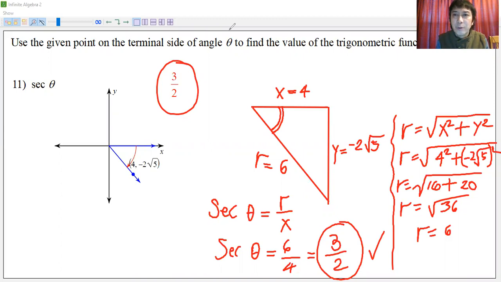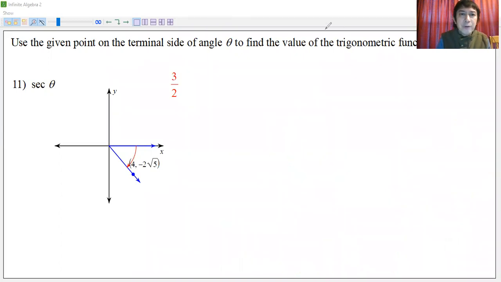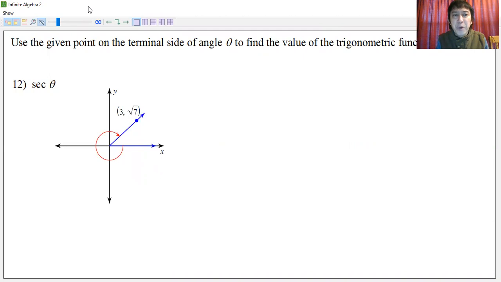Let's continue with number 12. Use the given point on the terminal side of angle theta to find the value of the trigonometric function. We're after secant theta again, and the terminal side is located at the first quadrant. There will be no negative numbers there.